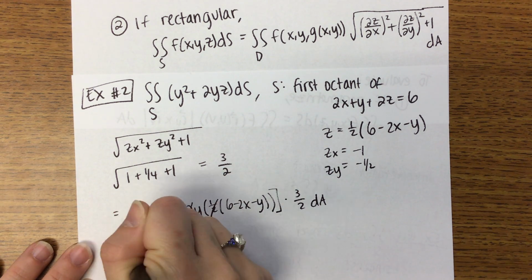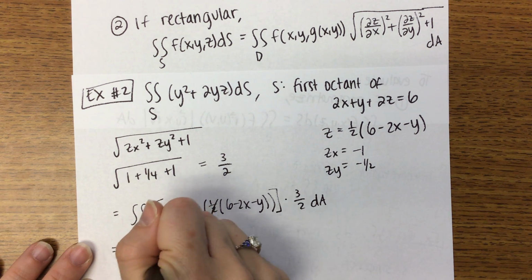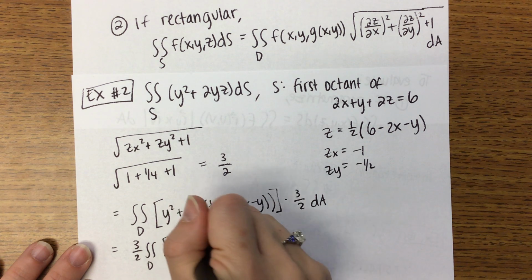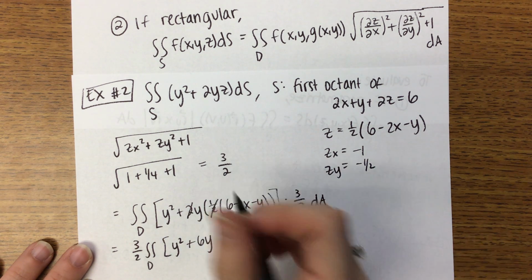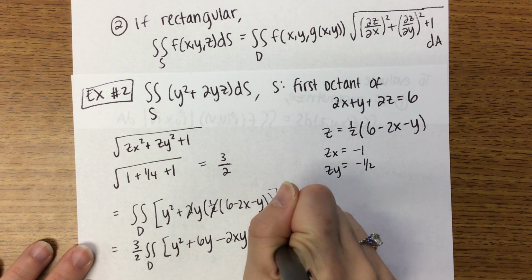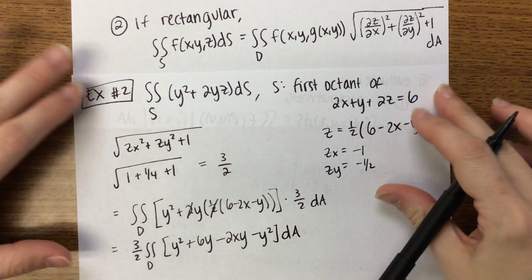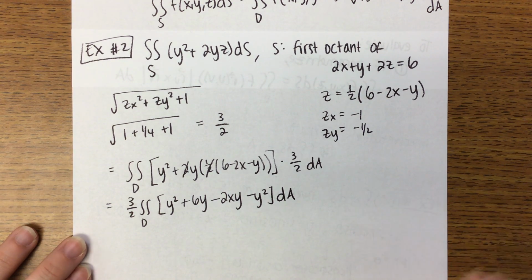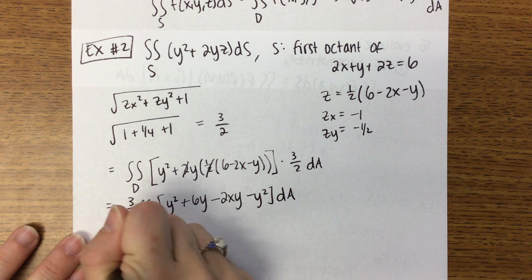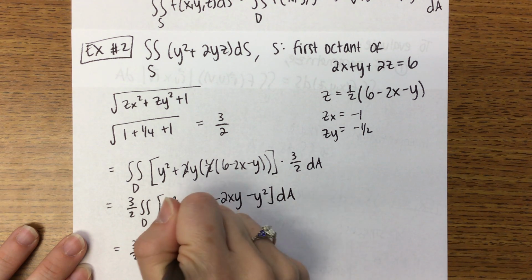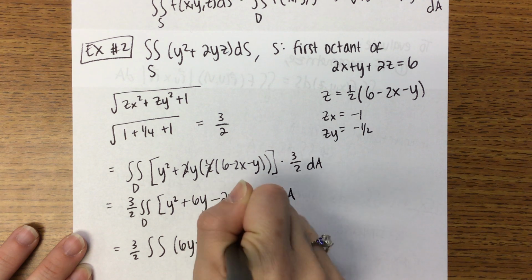I'm going to pull the 3/2 out in front. So we're going to end up with y squared, add 6y, subtract 2xy, subtract y squared. So this will be 3/2 double integral of 6y subtract 2xy.